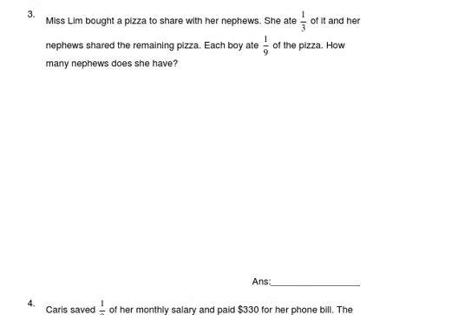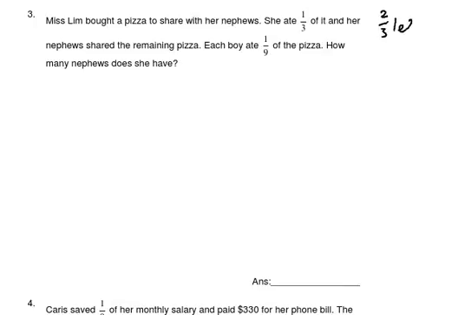Miss Lim bought a pizza to share with her nephews. She ate 1/3 of it. Okay, she had one whole pizza, right? A pizza means one whole. She ate 1/3. Since she ate 1/3, what fraction is she left with? Okay, so I know that it's 2/3 left.